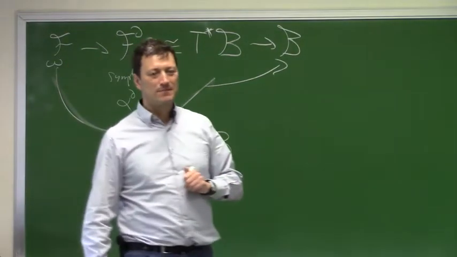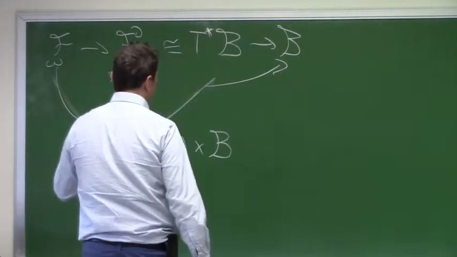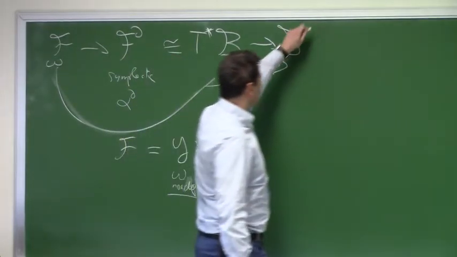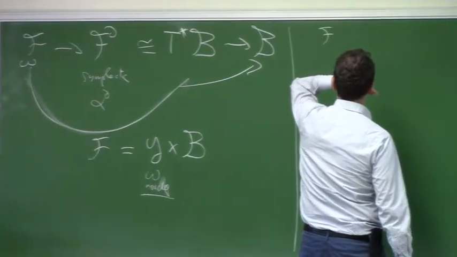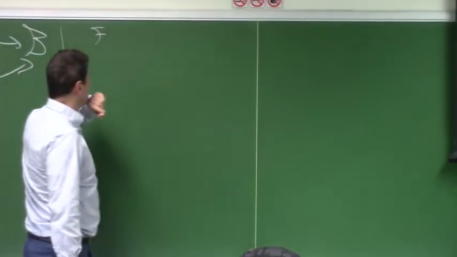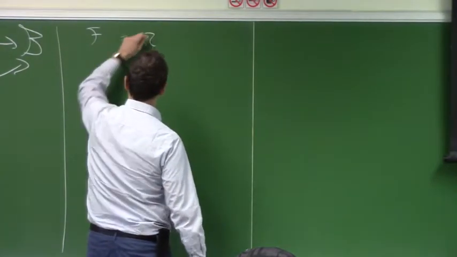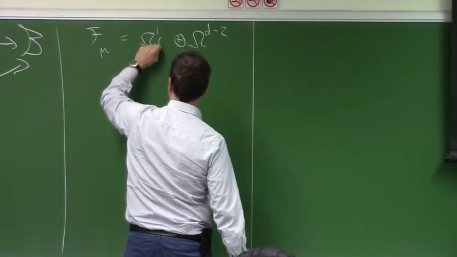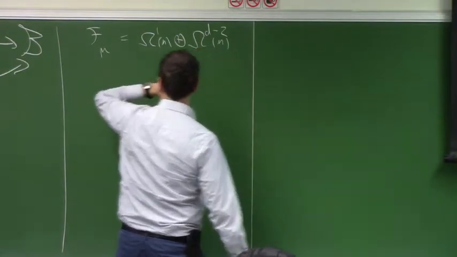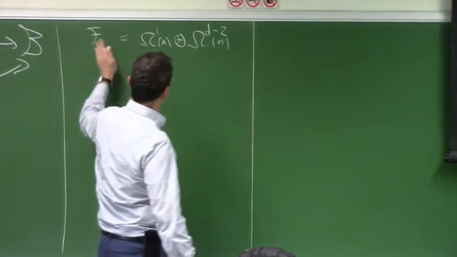So how can it be non-degenerate in the infinite case? Would it always kill tangent vectors to B? Well, I can tell you. Suppose that your F are differential forms, say 1-forms plus (d-2)-forms.